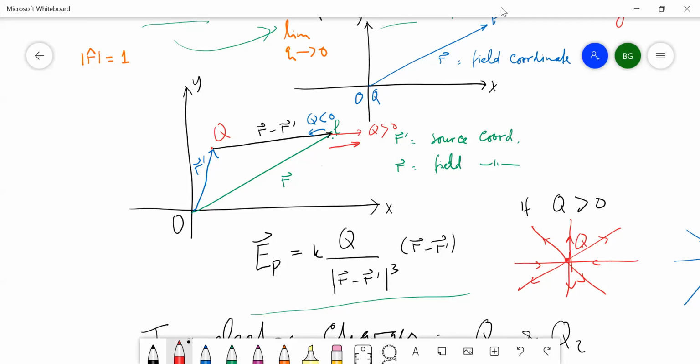It means that the direction is toward the capital Q, the source charge. Okay, do you understand? Any question?